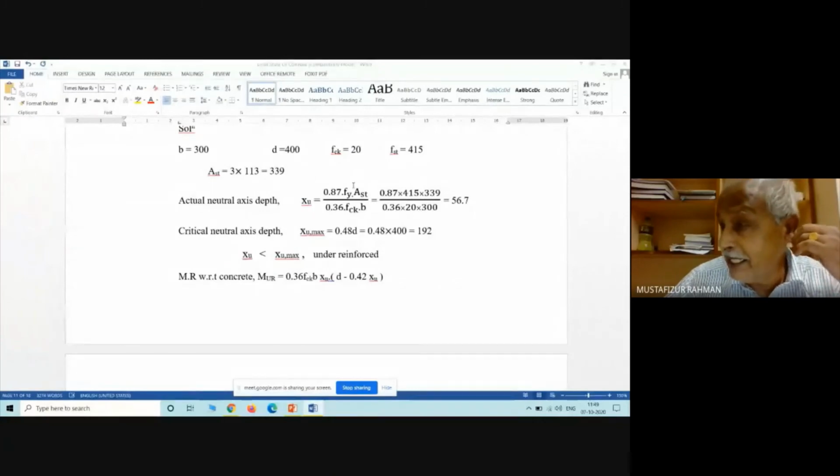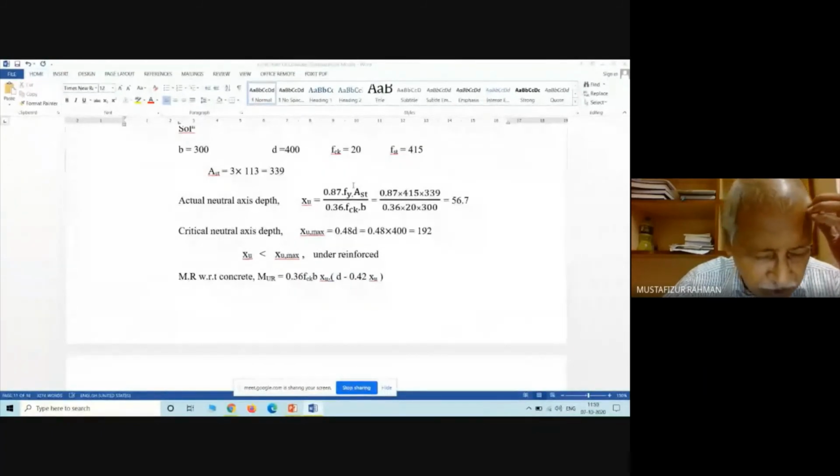Cross-sectional area of 6 millimeter diameter is 28 millimeter square. 8 millimeter diameter rod is 50. 10 millimeter diameter is 78.5. 12 millimeter diameter bar is 113. 16 millimeter diameter is 200.